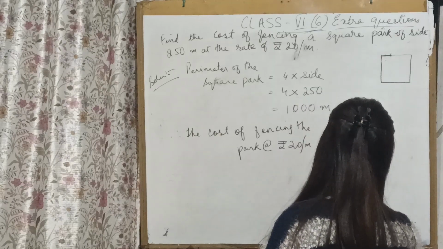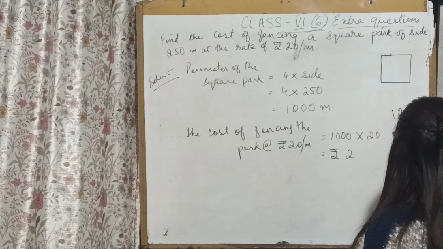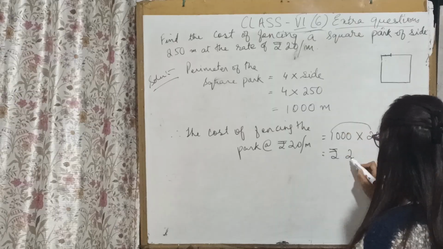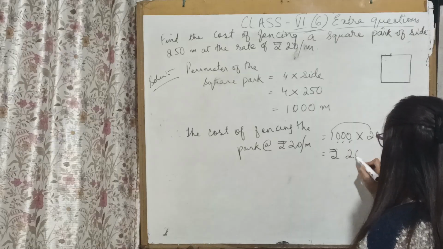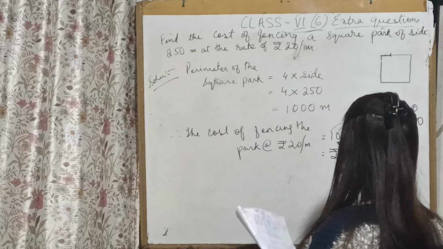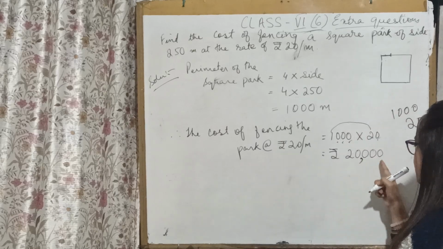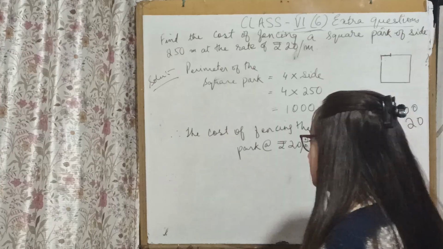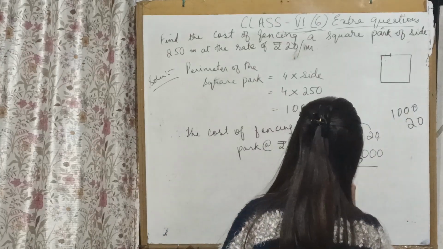2 ones is 2. Don't start multiplying 1000 into 20. Look here. 2 ones are 2. How many zeros do we have? 1, 2, 3, 4. Okay. So it's 20,000. Don't forget to put the comma also from back. The Indian system. We learnt it in class 3. So you should know.